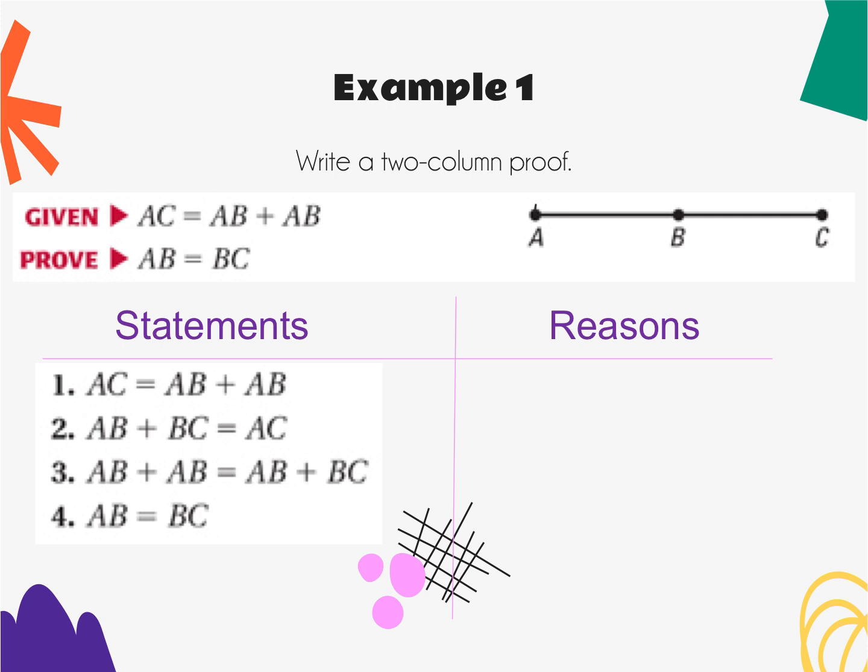They're telling me right now this plus this equals the entire thing. I'm trying to prove that AB and BC are equal. So next, first reason. What is my first reason always going to be? Perfect. It is given. And it literally says given.